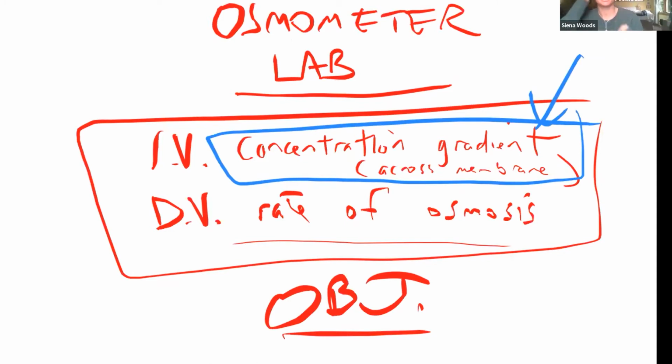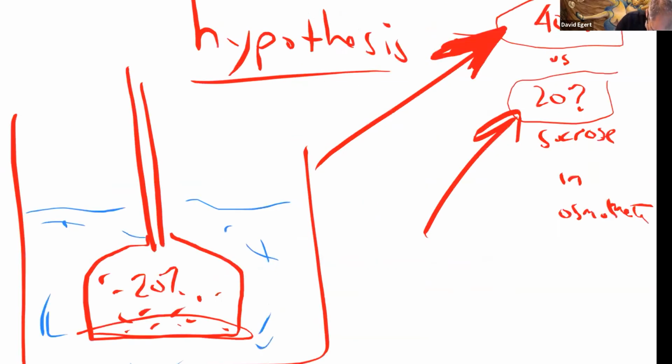Right. And so concentration gradient only makes sense as comparing two different sides. So when you're thinking about this, you want to think about not just what's inside the osmometer, but also what's outside. It matters that it's distilled water outside. So the gradient is the difference between the inside and the outside.